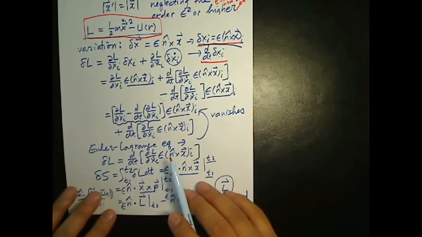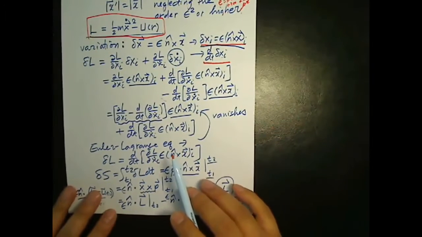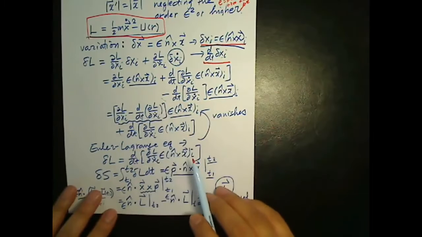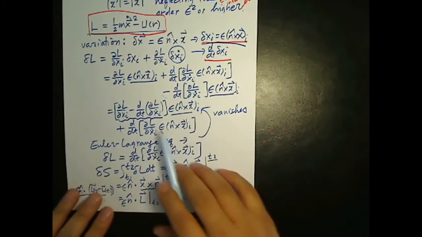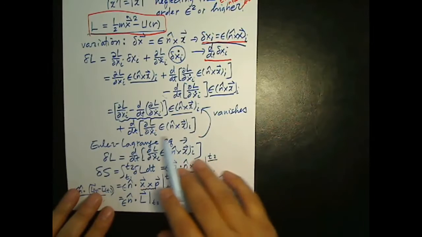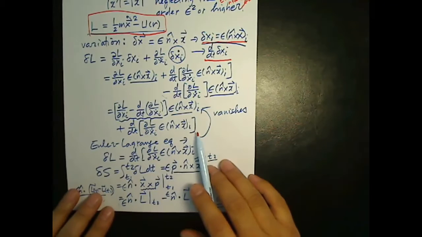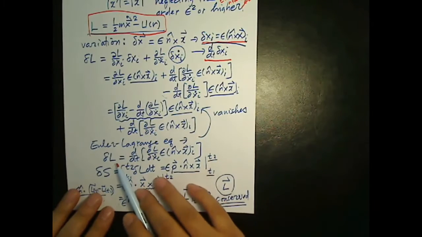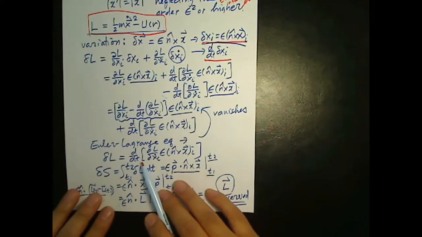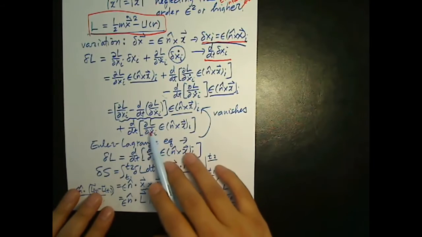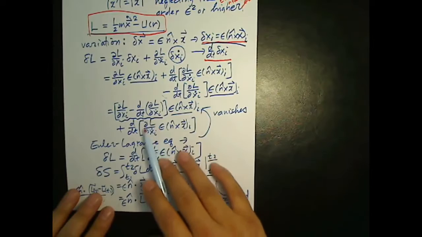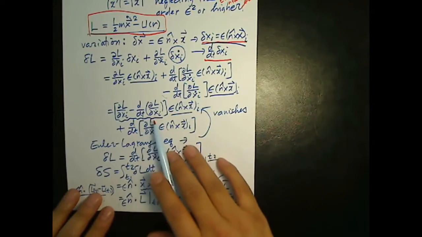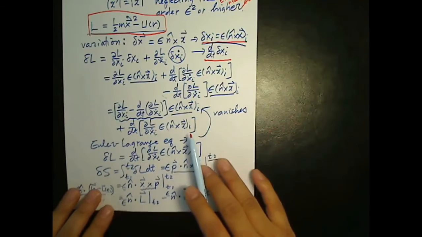As we know, this system is a mechanical system that satisfies the Euler-Lagrange equation because it should minimize the action. So the remaining piece is delta L, equal to the total time derivative of the product of linear momentum and variation.